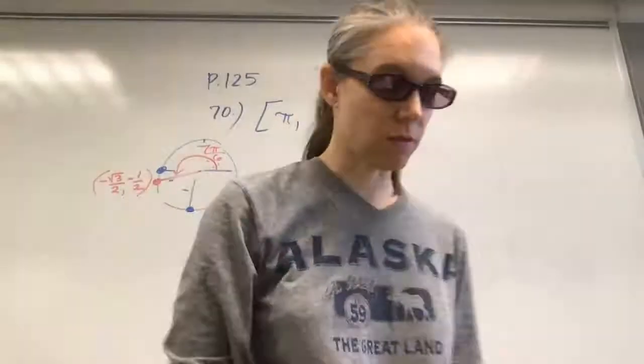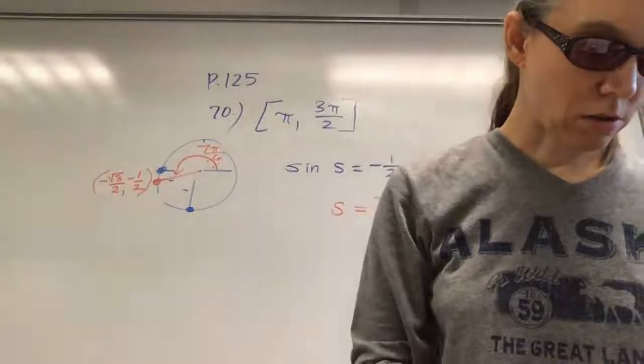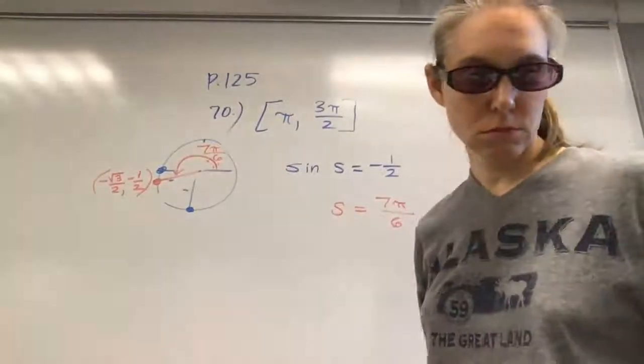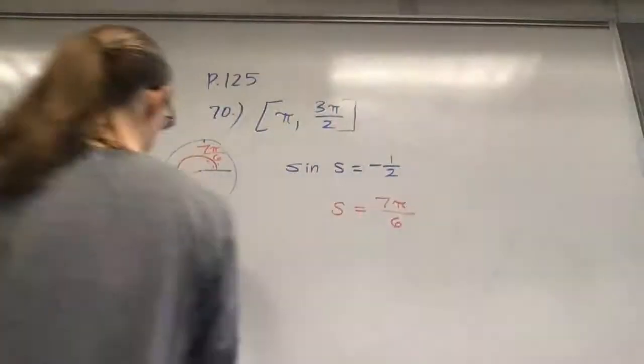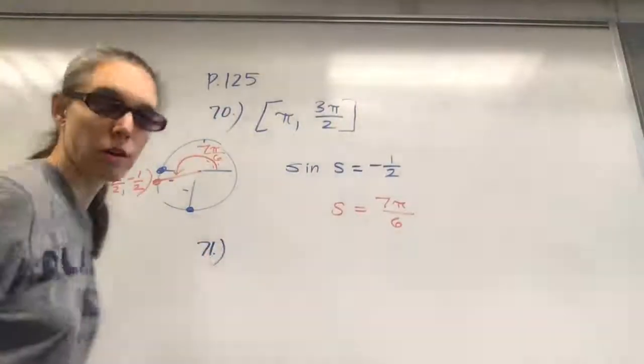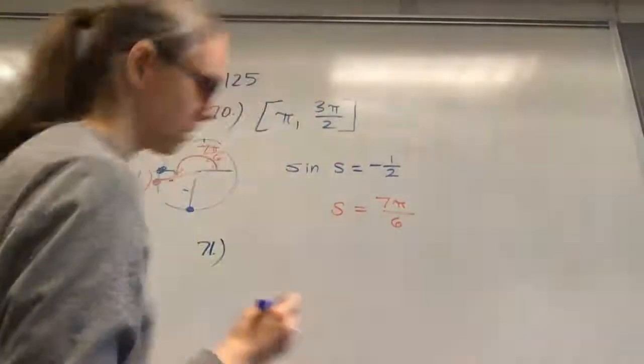Okay, let's do another one of these. Let's look at number 72. Oh, let's do 71, and then we'll do 72. Okay, number 71, we're looking from 3 pi halves to 2 pi.